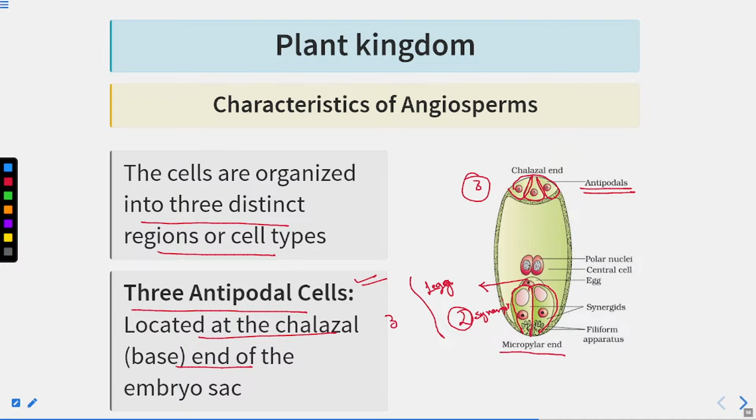So a total of 3 cells are present at the micropylar end. So how many cells are there? 3 cells at the chalazal end and 3 cells at the micropylar end.